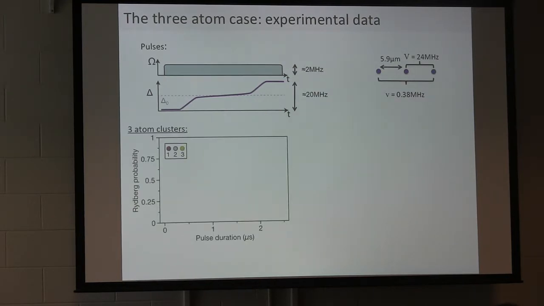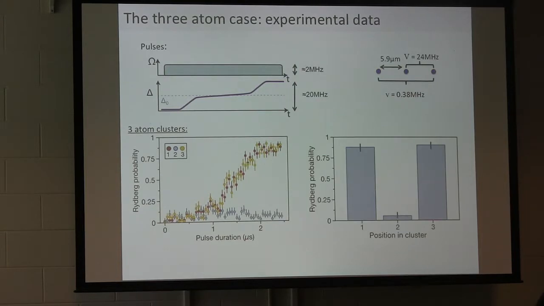And when we do this for the 3-atom cluster, this is what we get experimentally. This is the Rydberg probability as a function of the atom position within the cluster. And you see that the edges go to 1, while the middle one goes to 0, which can also be nicely visualized by these histograms, which show the final state at the end of the sweep.